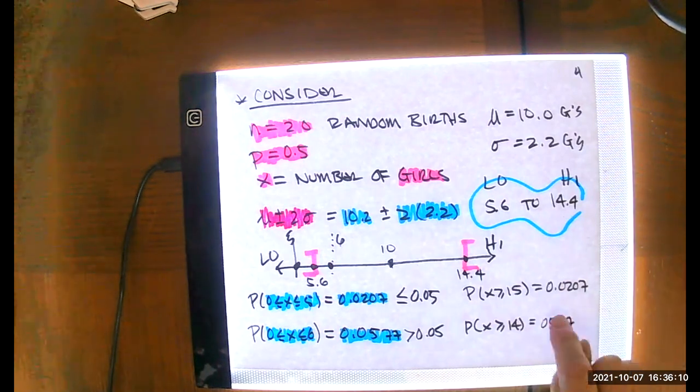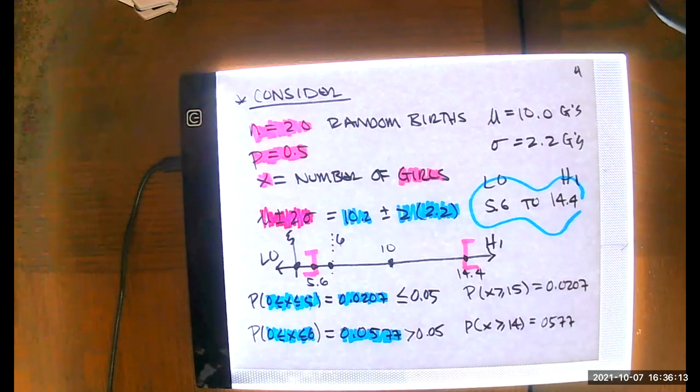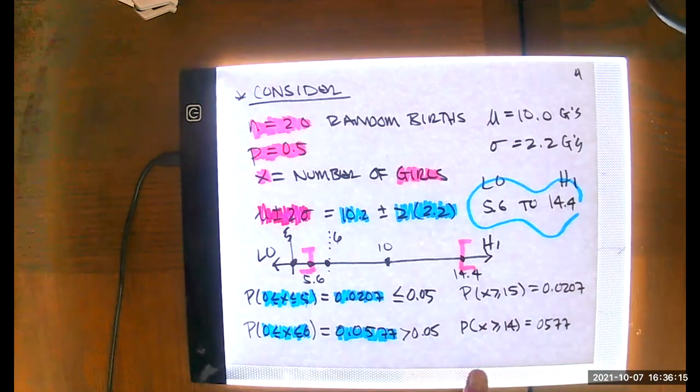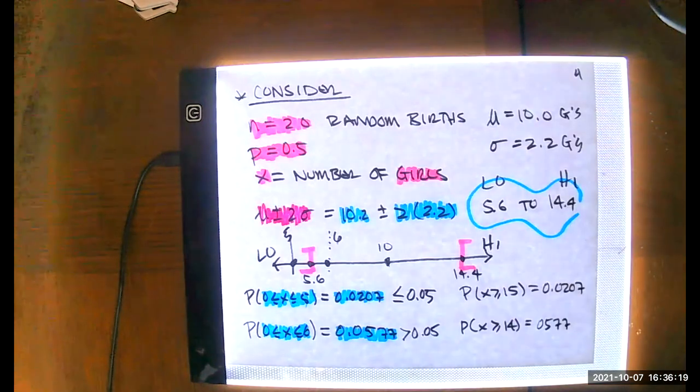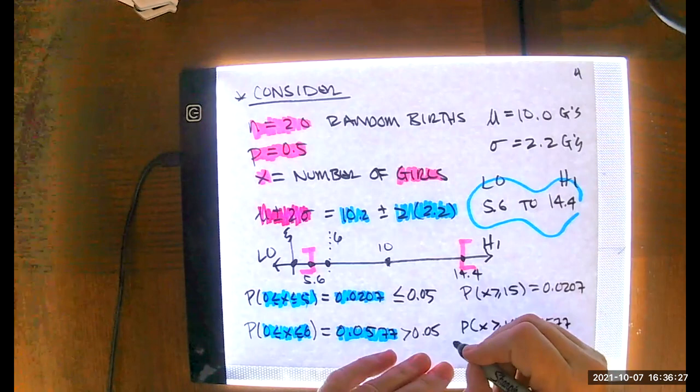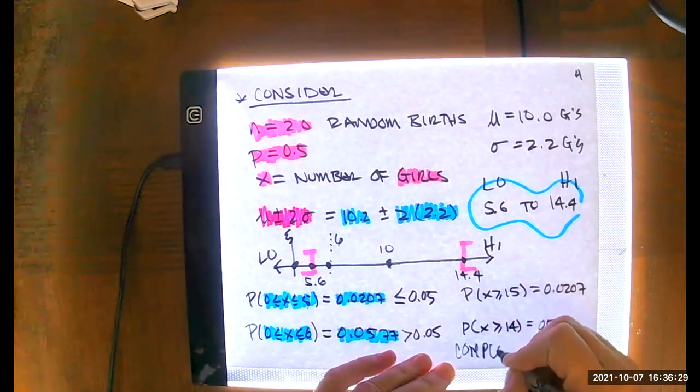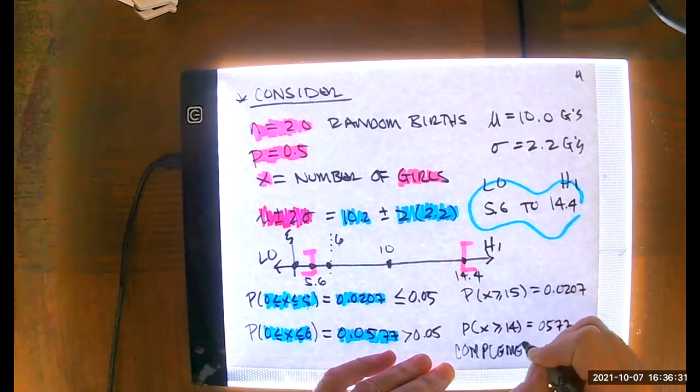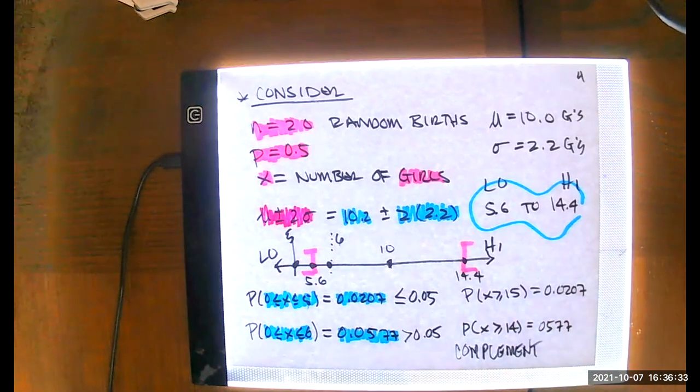Now, let me go ahead and take a look at this one here. Students usually struggle more with this type of calculation. Why? Because of the way your calculator works. I will remind you before I turn my calculator back on that we need the complement, the complementary argument, for this to work on our calculator.